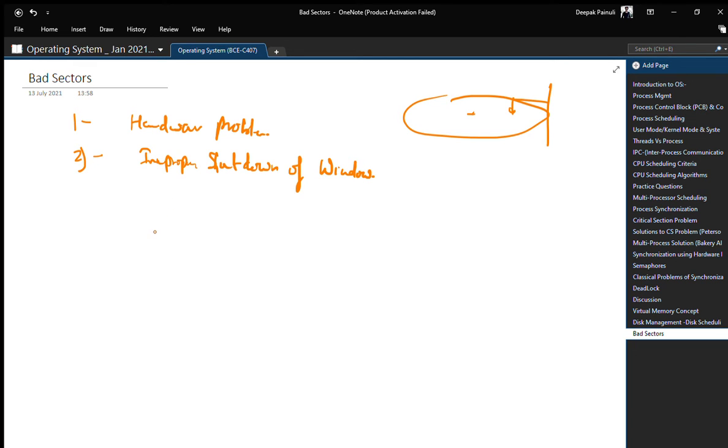Because at the time it was sometimes writing on the disk, and your disk failed because of improper shutdown, right? Or there may be the case that there is dust settlement in your disk, right?